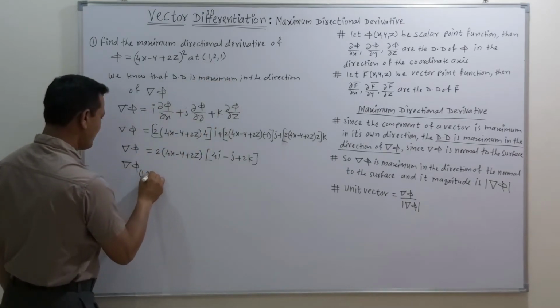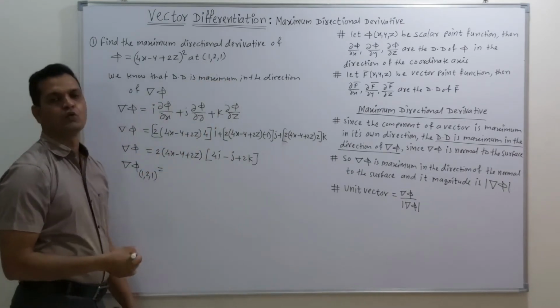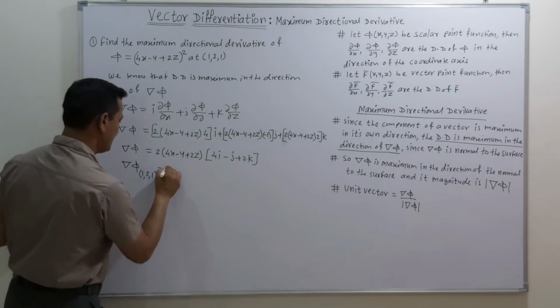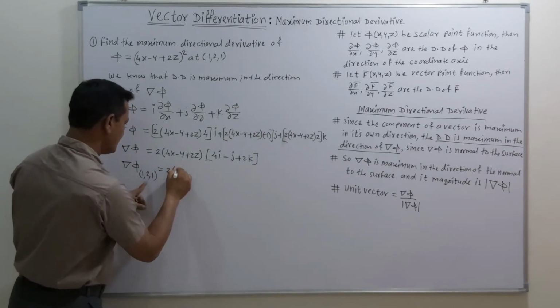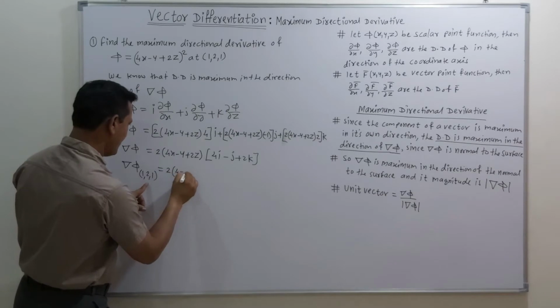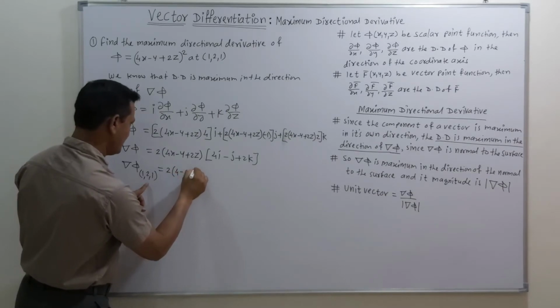That means in particular put x is equal to 1, y is equal to 2 and z is equal to 1. So we get this as 2, then this is 4 into 1 is 4, minus 2 plus 2 into 1 is 2.